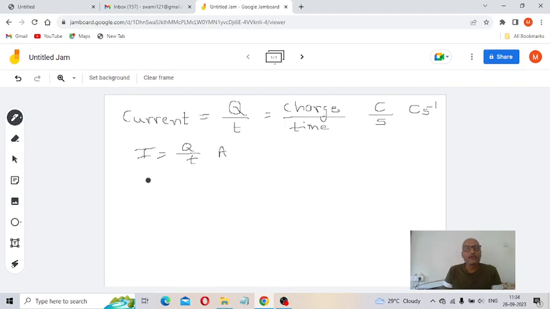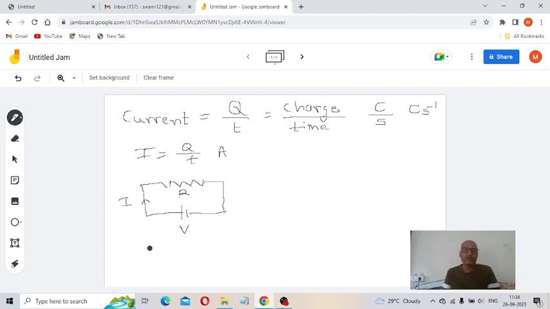Therefore, if we consider any electric circuit having certain resistance or load, then the circuit diagram will be shown like this. The flow of charge or current will be in this direction, high potential to low potential.